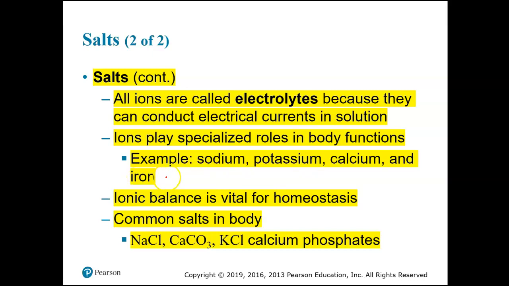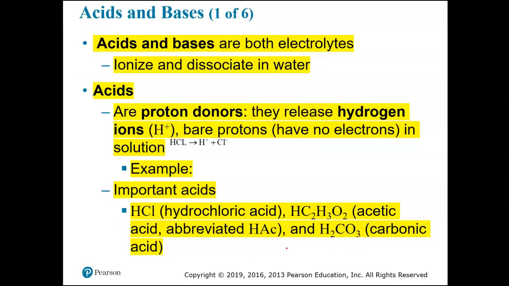So these are ions that form when salts dissolve in water in our body, and the charged ions are now called electrolytes. Some of the common salts in our body besides sodium chloride are potassium carbonate. I'm so sorry, that is calcium carbonate, and potassium chloride, and also calcium phosphates are important salts in the body.